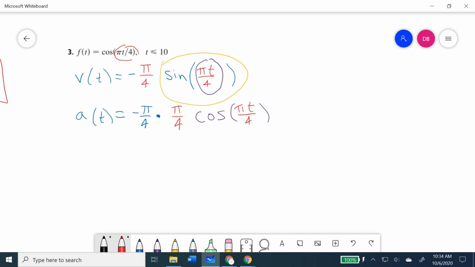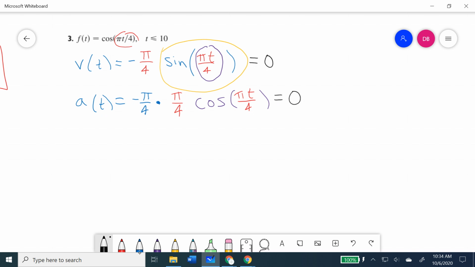Now, you need to figure out what makes each of these equal to 0. So start off with what angles cause sine to be 0. Sine theta is equal to 0 for what angles?